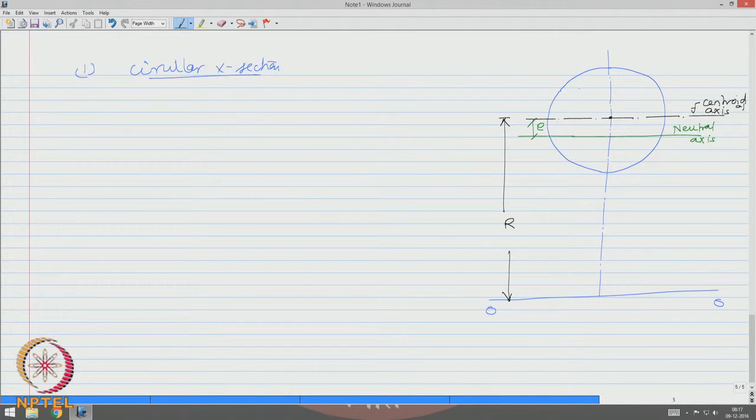Let us take a fiber which is at an angle theta.